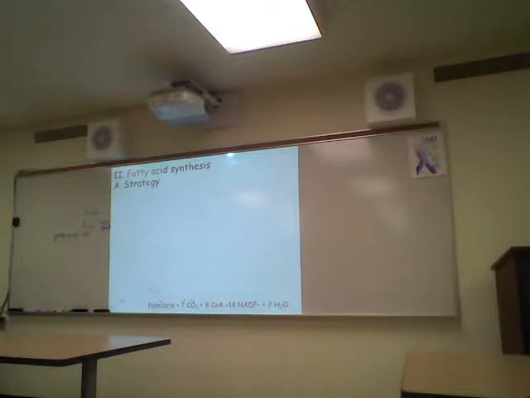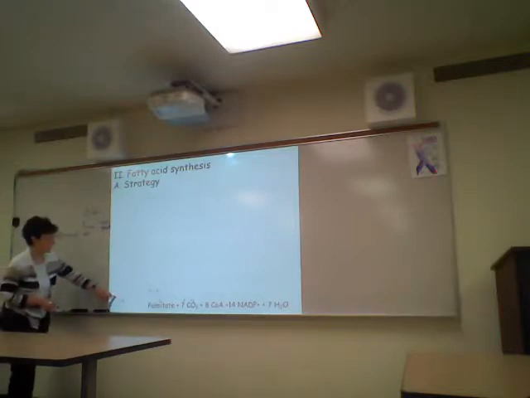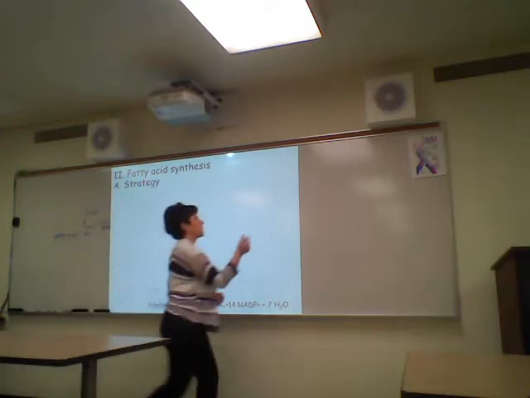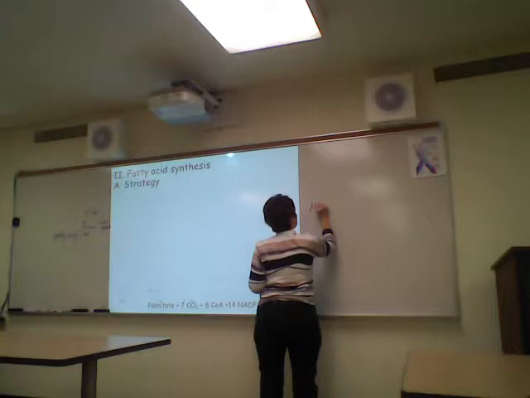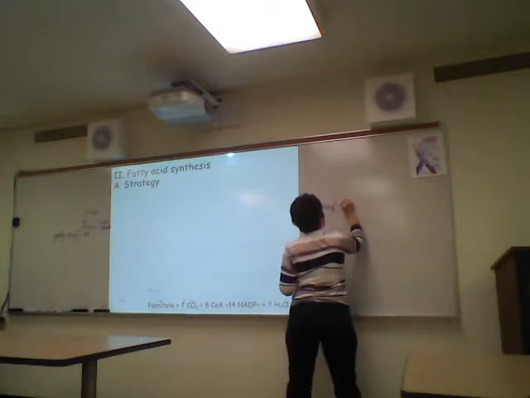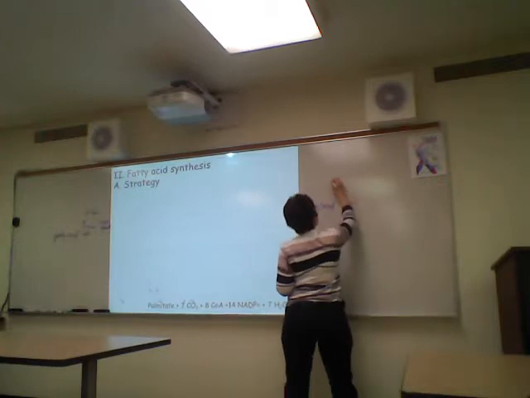And what's not included in this list is the synthesis of malonyl-CoA. So on the next couple slides, we need to synthesize malonyl-CoA. And in the process of doing that, we're going to consume an ATP.